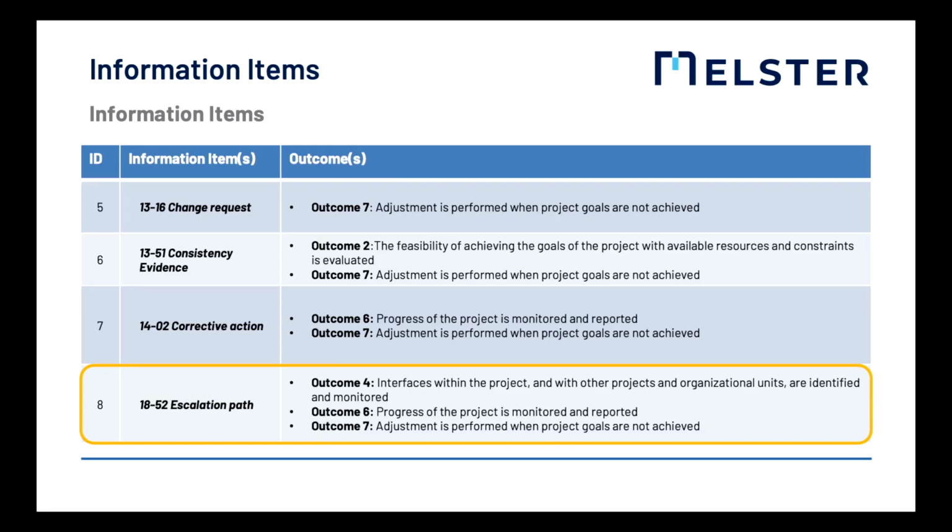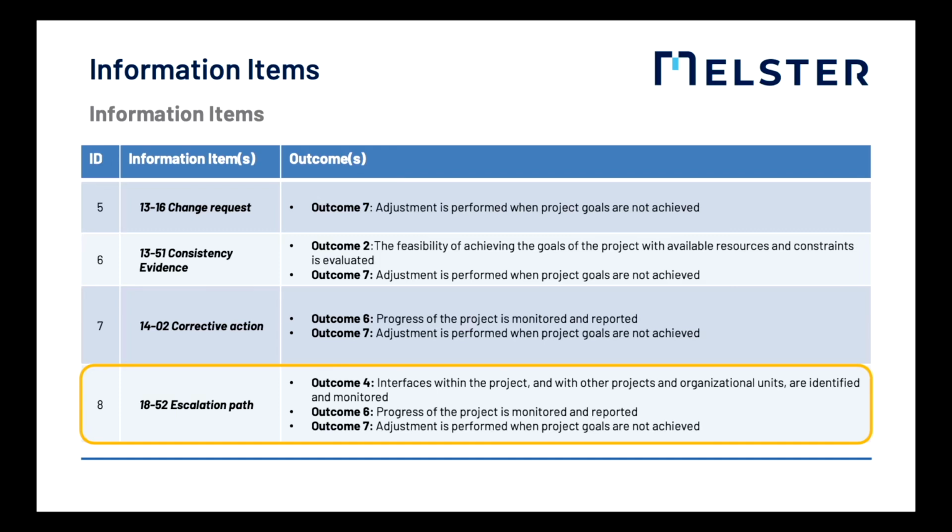The same is true for outcome number 7, adjustments, which become necessary when the project goals are not achieved. Again, if the project is not able to solve these issues internally, then it has to escalate.